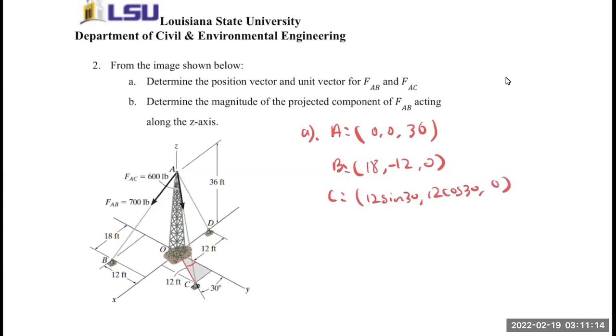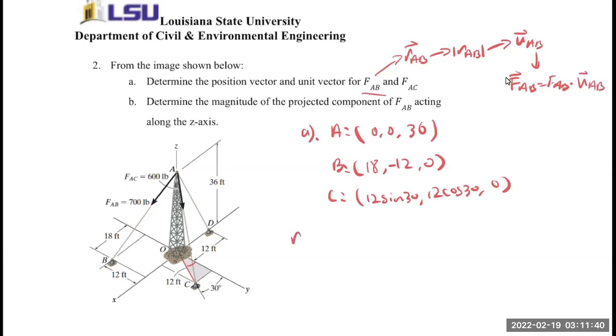To find FAB, first we need the RAB vector, then the magnitude of RAB, then the unit vector of RAB, and then the force vector of AB will be equal to the FAB magnitude multiplied by the unit vector of RAB. Okay, so this is the process.